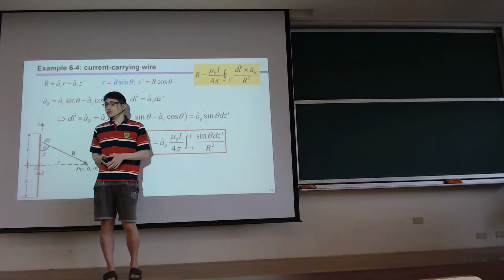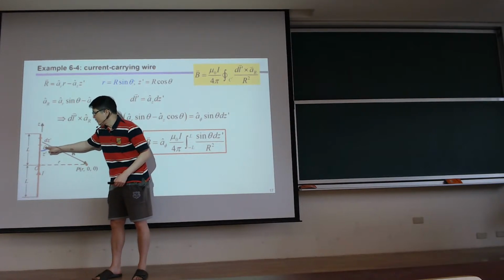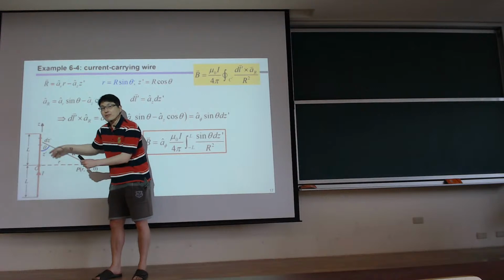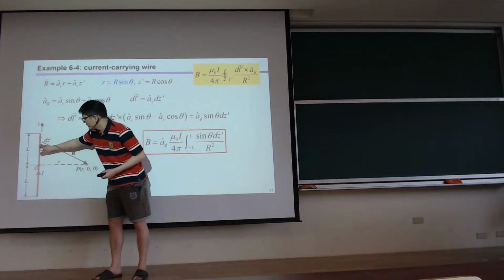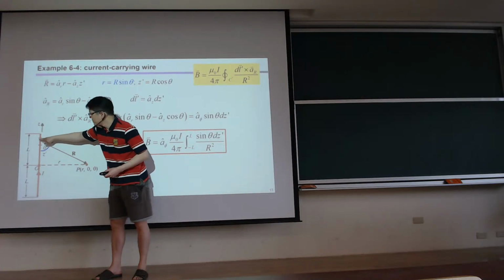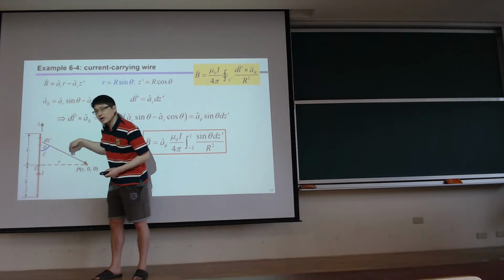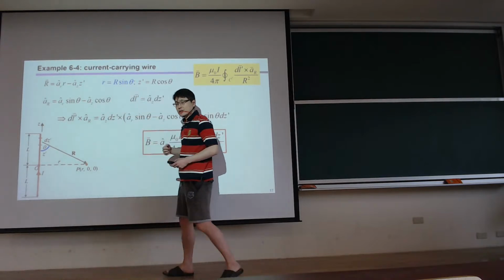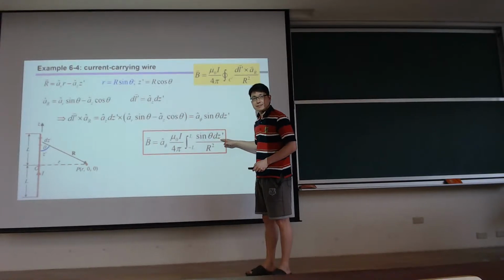But that's not true, because whenever you change this theta value or this Z value, everything changes, right? If you try to find the contribution of this segment, theta changes, Z prime changes, the Z location changes, and R changes, right?